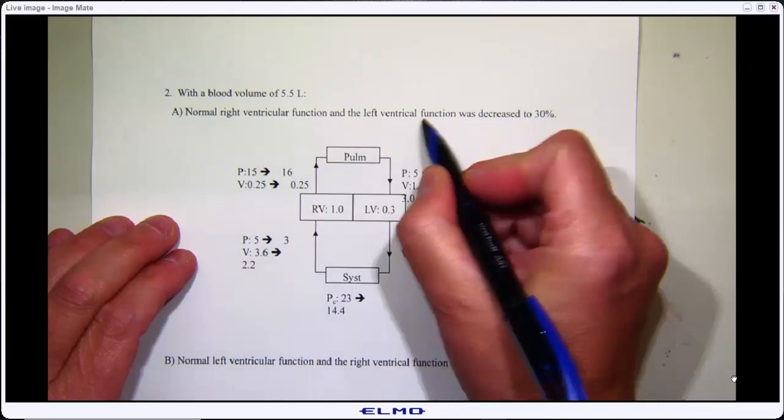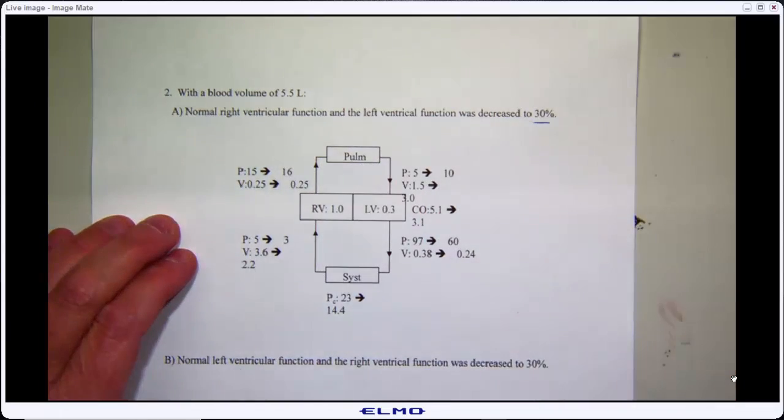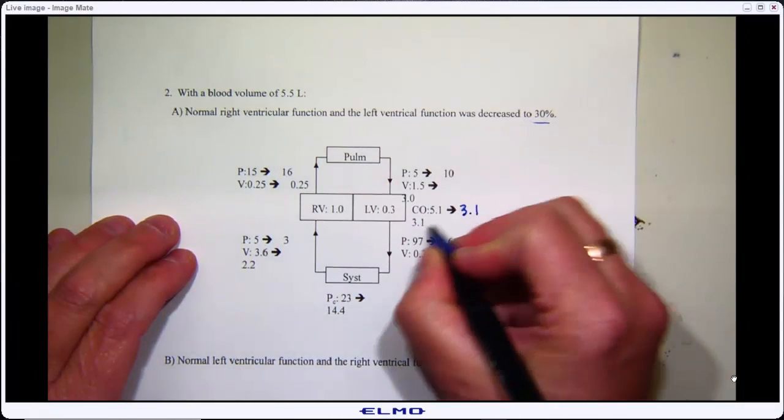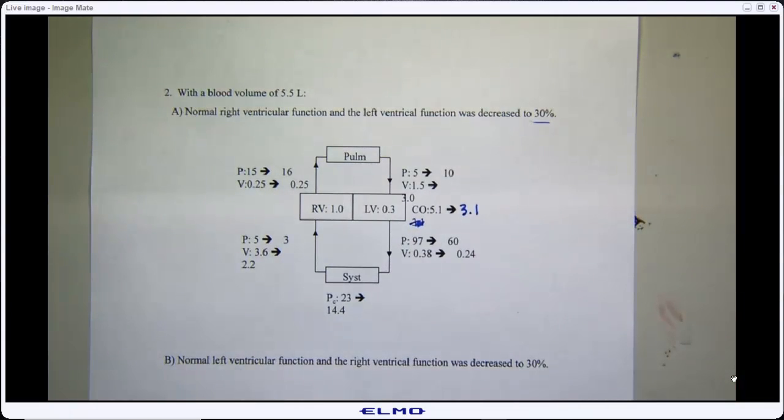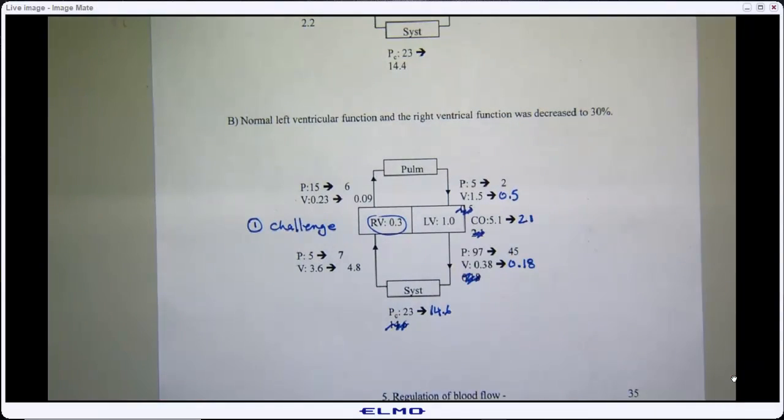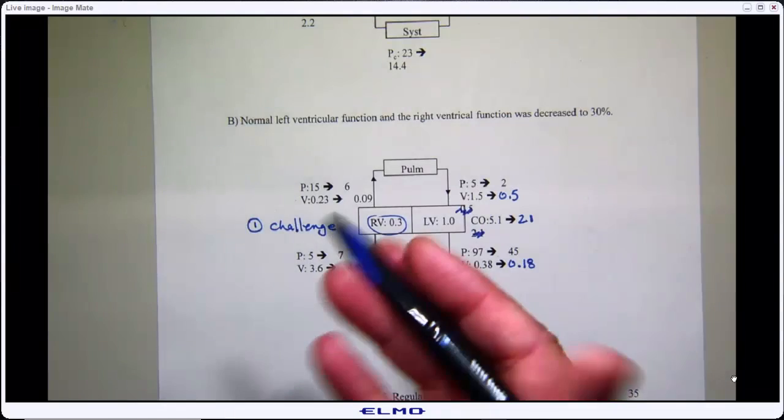Just like we saw when we were in left ventricular function decreased by 30%, we did see cardiac output drop. That was the challenge. Cardiac output of the left heart had dropped. Okay. So indeed, we should fully expect that if we decrease right heart pump function, then cardiac output of the right heart will have dropped. Okay? That's just the challenge.